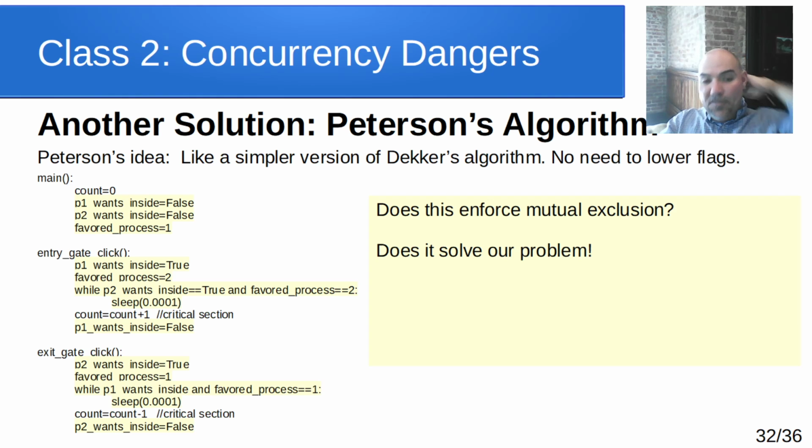Eventually, I'll get access to this critical section. And then when I'm done with the critical section, I'll say, hey, I no longer want inside. So notice I never had to lower my flag. The key to this one is this while loop with the and in here, and the fact that I set the other guy to the favored process up front. One or the other, that favored process variable either has to be a 1 or a 2 when we hit this while loop down here.